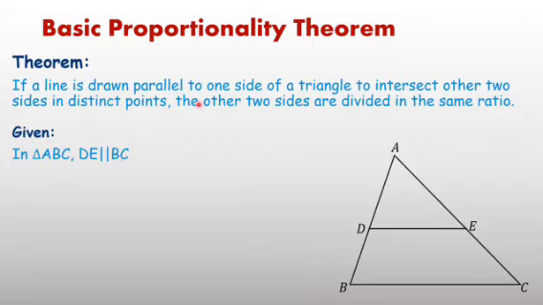Now to prove the other two sides are divided in the same ratio, you have to prove AD upon DB equal to AE upon EC. That is your objective.